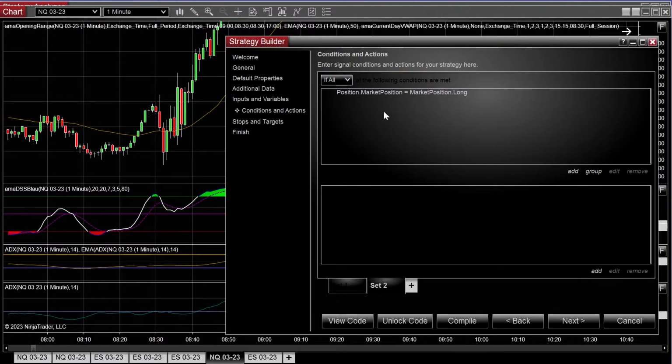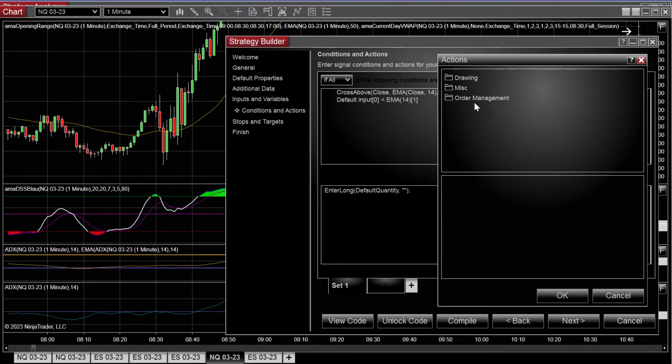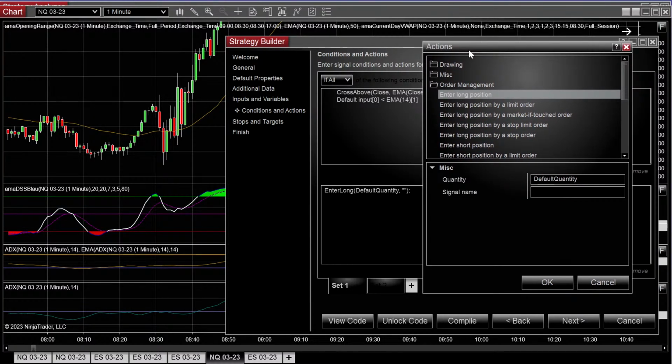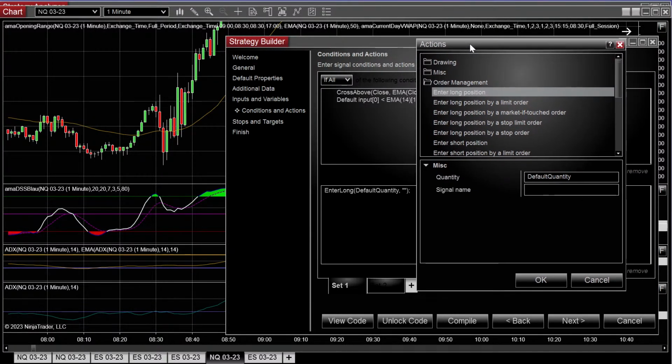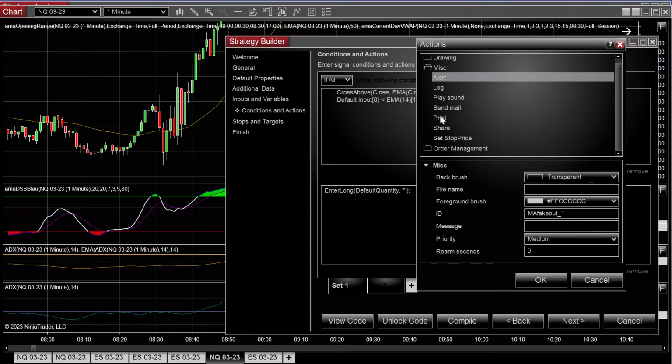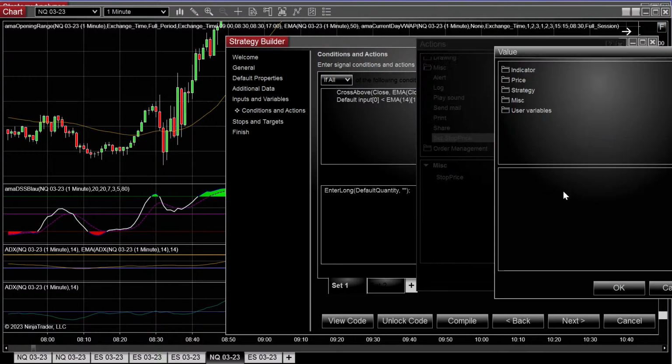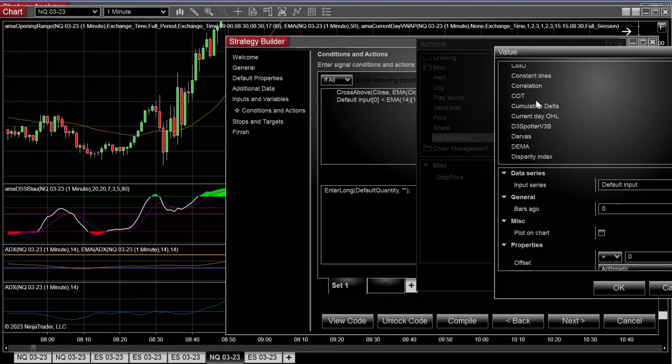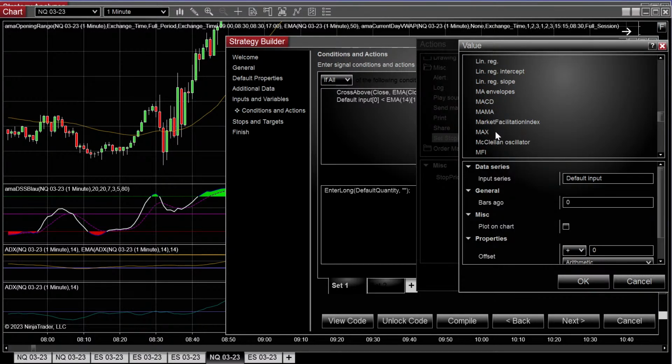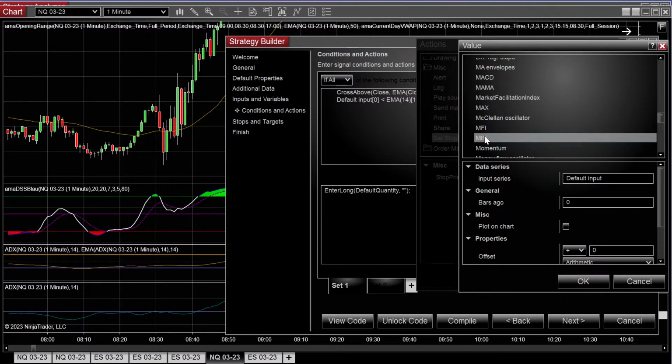Actually, I should be able to put it on the stop. Let me try to do it like this. This might not work. It's supposed to work like this, but sometimes the way the builder is doesn't do right. So at the point of taking a long entry, I'm going to set our stop price to the 2-period low.